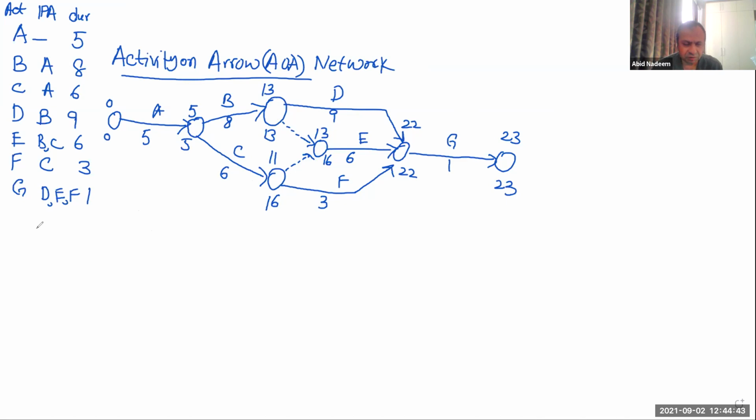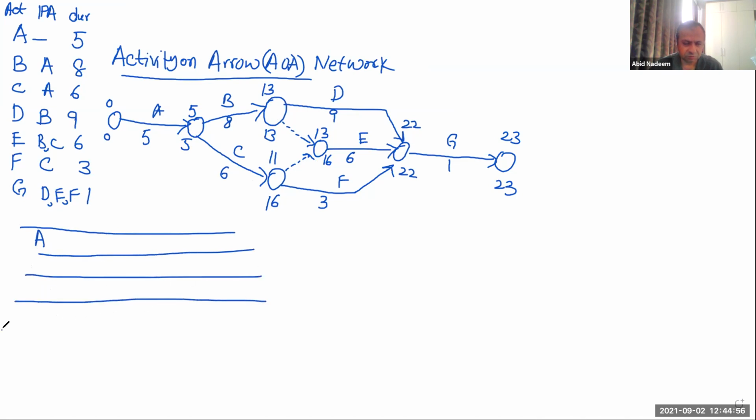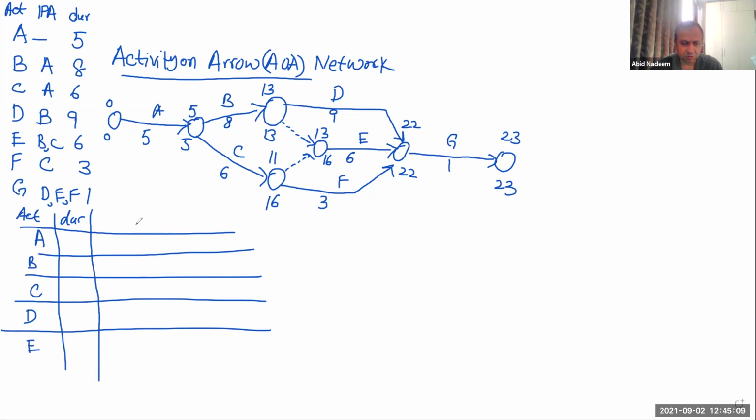For example, for activity A, we can complete this table: activity, duration, early start, early finish, late start, late finish.